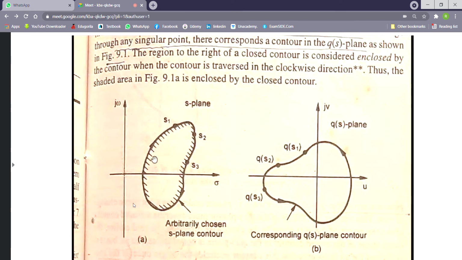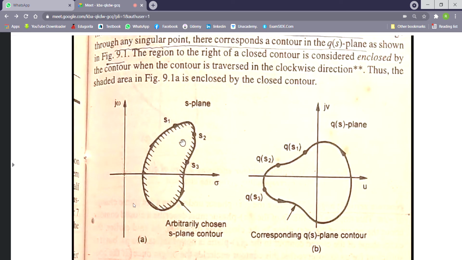Now, if we start traversing the contour in the clockwise direction, look at this arrow direction. That means we are traversing along this contour in the clockwise direction, and in the process, if we mark the region lying to the right of this contour, this is my contour and I am moving in this direction, so this is the region lying to the right of this contour. Understood? Got it?